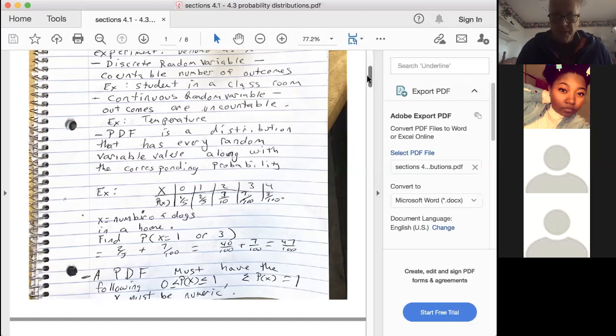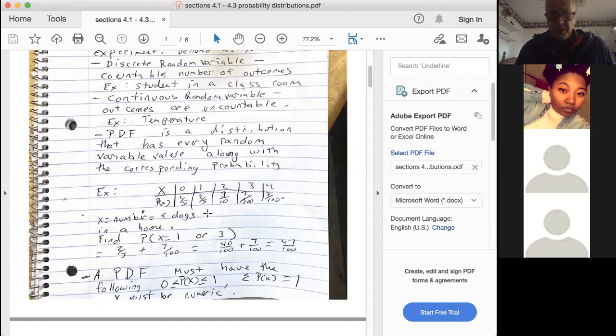So if we go to this town and we want to find the probability that a home we select at random has 2 dogs, that would be 3 out of 10, or 3/10. We can use this to calculate probabilities like we've been doing, but it's all in front of us this time. We're really not inventing stuff like we did last time. So we want to find the probability that X equals 1 or 3.